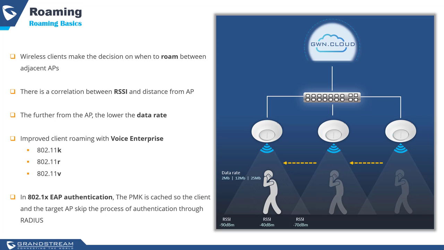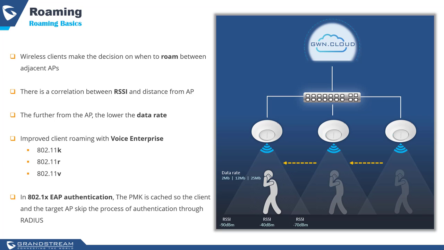And while the wireless client moves across the Wi-Fi network, it continuously scans the wireless network for access points that have a better received signal. So when the wireless client hears a stronger signal from another access point, it will start the roaming process to connect to the new AP that has a stronger signal. Some applications and devices come with the option to set the scanning interval and the RSSI threshold.